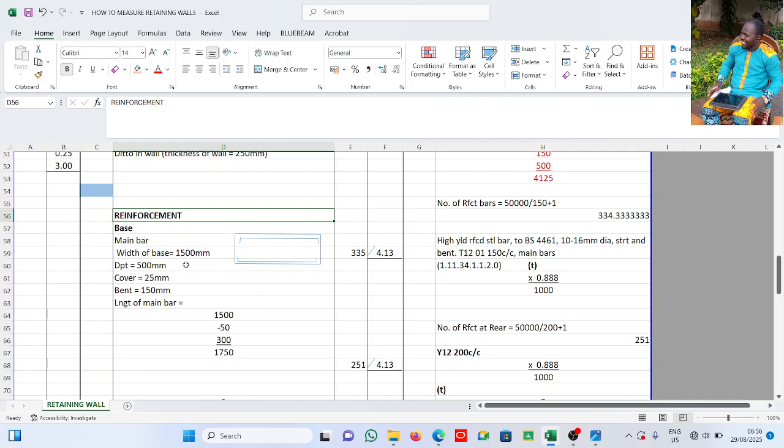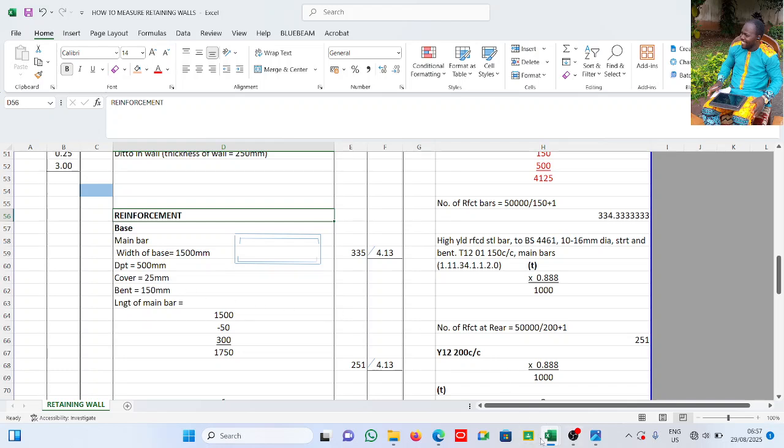The width is 1500, the depth is 500, the cover is 25 mm, the bend is 150 because it's a retaining wall and you have a deeper base. There's no hard and fast rule to the bends. Your drawing will tell you what it is.